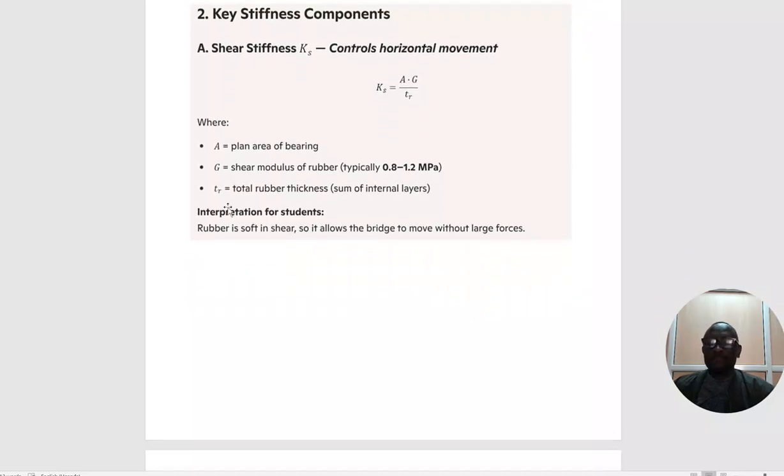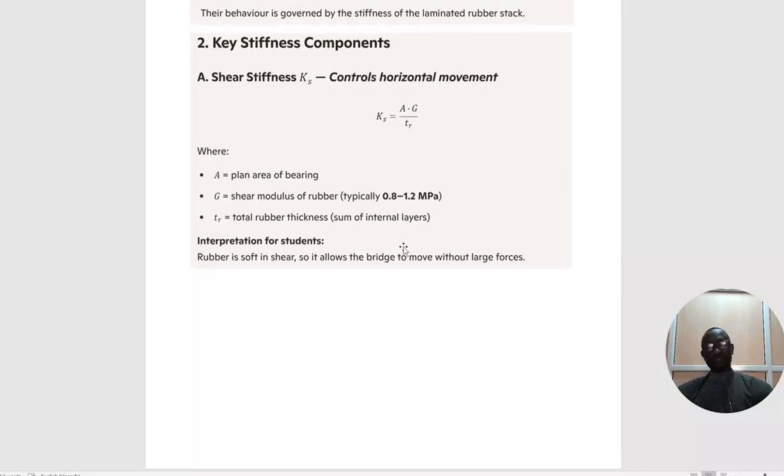And then TR is the total rubber thickness, the sum of internal layers. That would mean if you have the load, you have determined the thickness of the bridge bearings, and you have the different layers, steel and rubber, they give you the total.